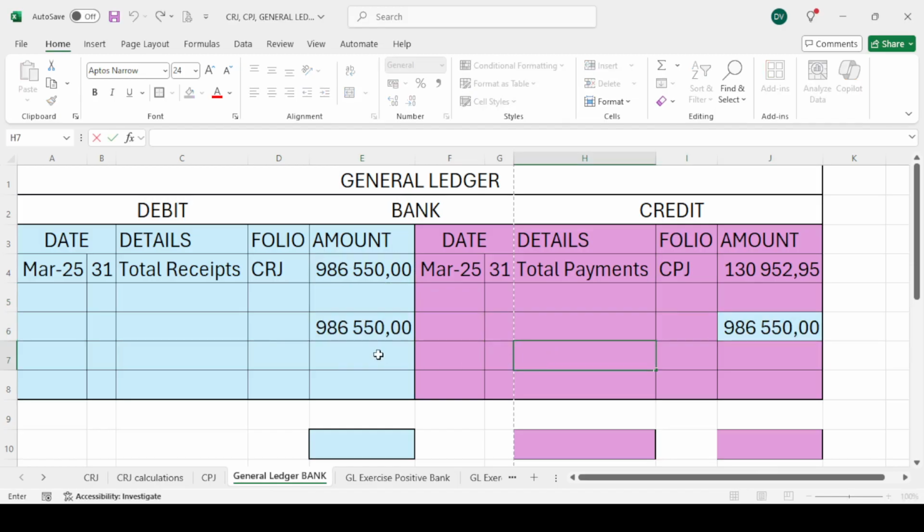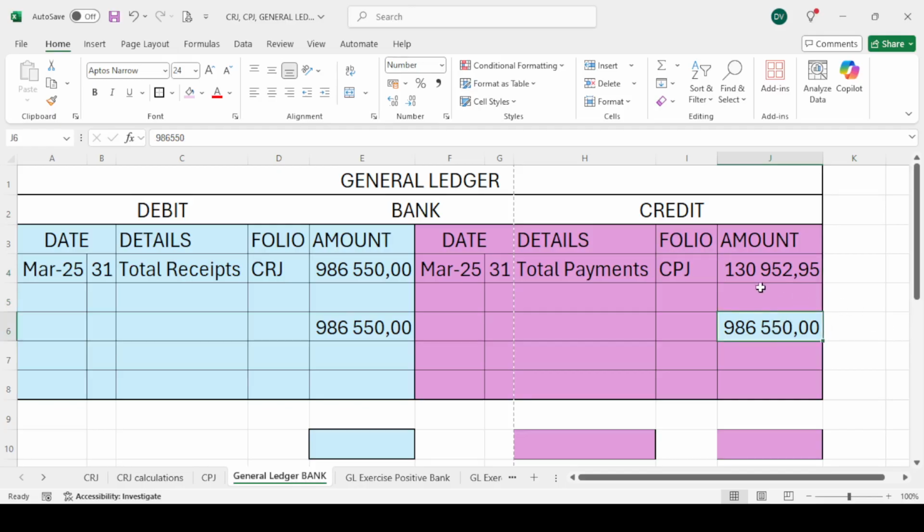I always say to my students, if you look now at the debit side, this is true: 986,550 plus nothing is still 986,550. But if you look at the credit side, this is not true at all. 130,952 Rand and 95 cents plus nothing does not give you this big value.